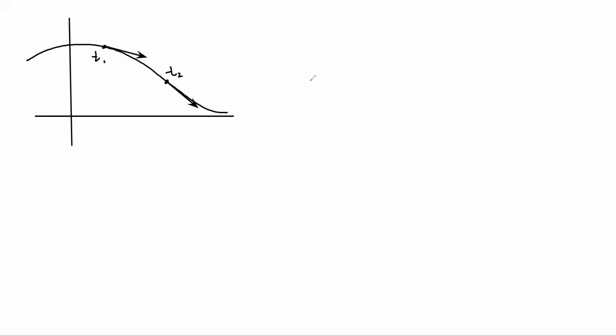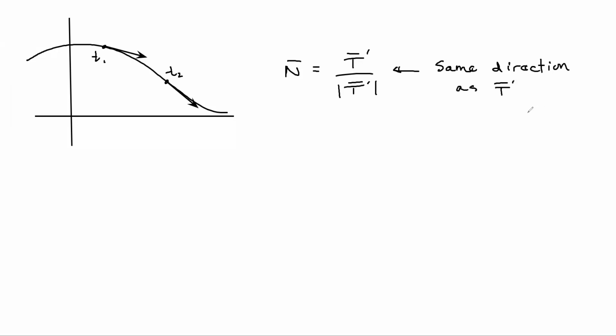And then what is N? N is equal to T prime over the length of T prime. So this has the same direction as T prime.